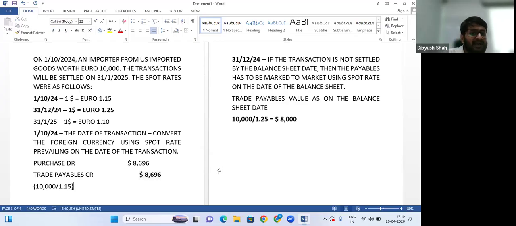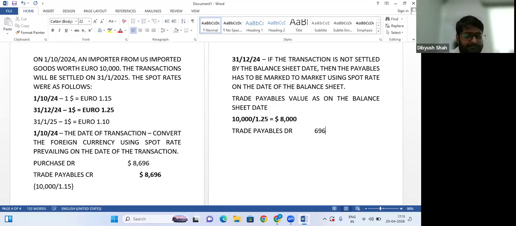So in this case, accounts payable was recorded at 8,696, but the value is relevant for only 8,000. So I have to reduce the value by $696. Now, trade payables is a liability account. How do you reduce a liability account?